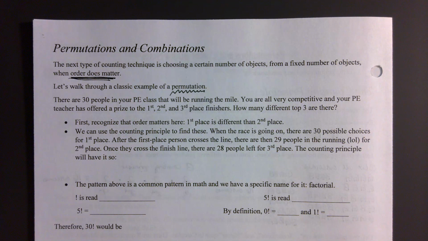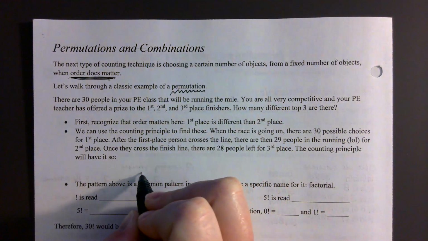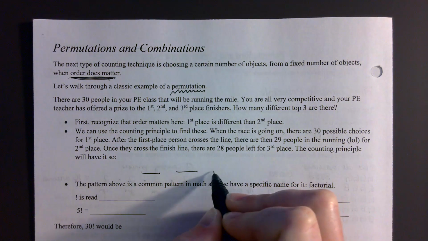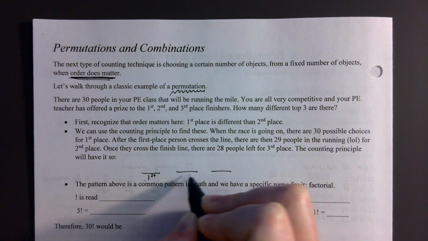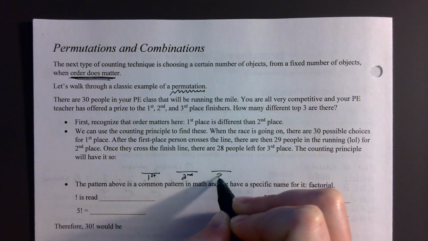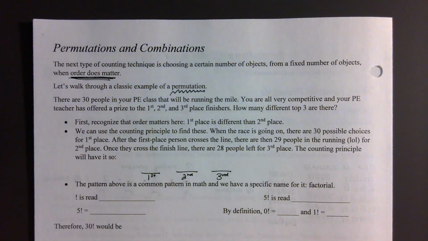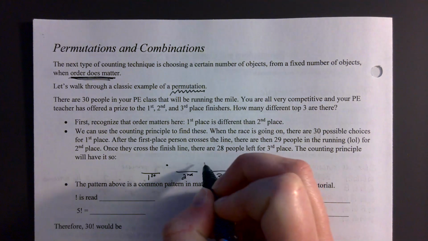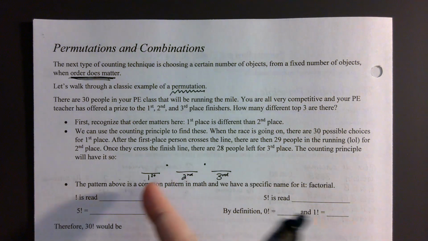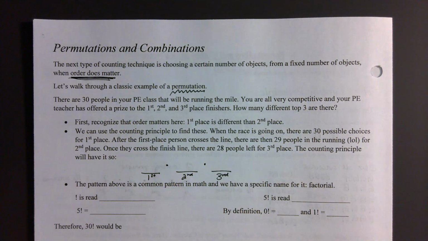Okay? We can still use the counting principle. I know that I have 3 different places. I have first, second, and third. I'm still going to be multiplying these together because I want first and second and third.